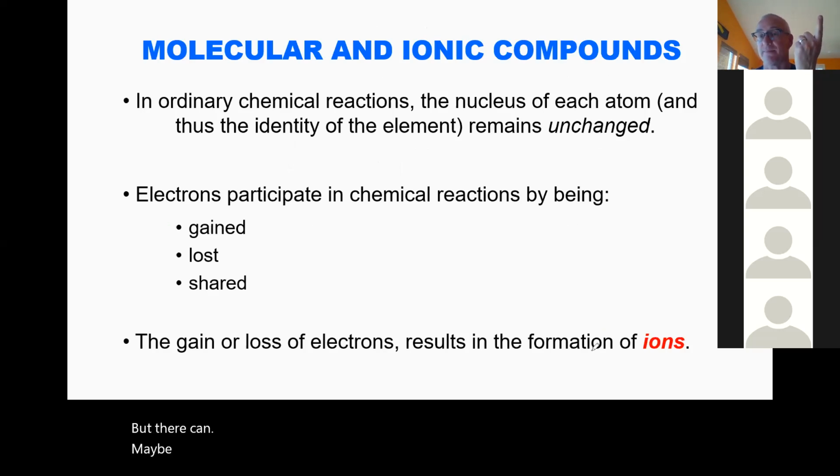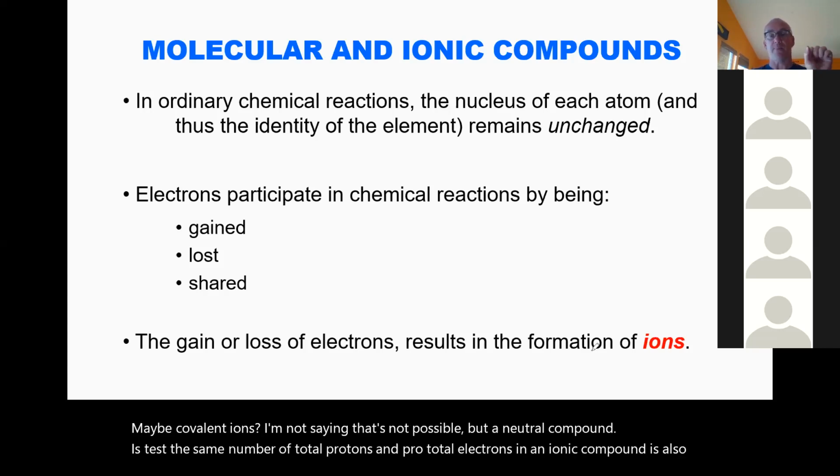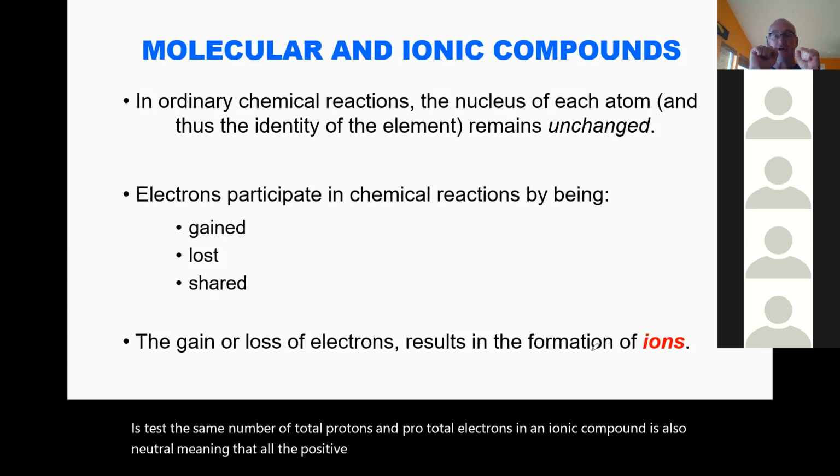I'm not saying that's not possible, but a neutral compound has the same number of total protons and total electrons. An ionic compound is also neutral, meaning that all the positive charges and all the negative charges have to add up to zero.